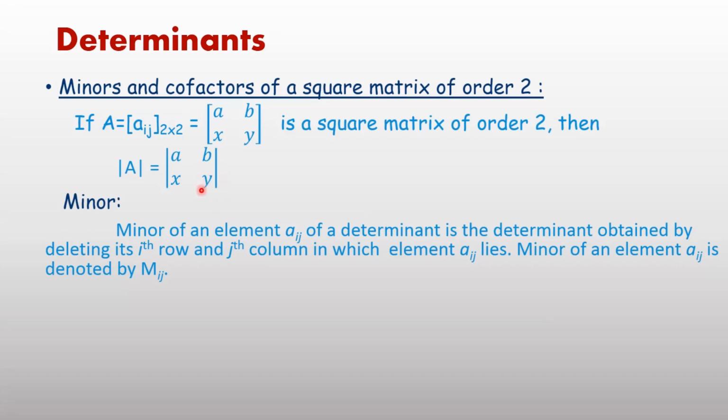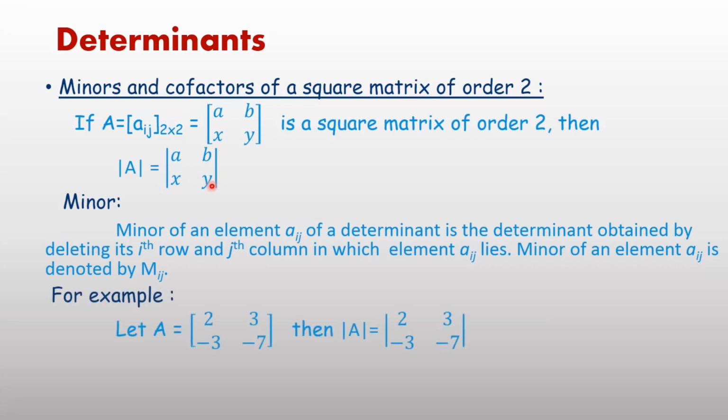The value of minor of a is y. Similarly, the value of M12. M12 means first row, second column, meaning b. Delete first row, second column, what remains? x. That is the value of M12.